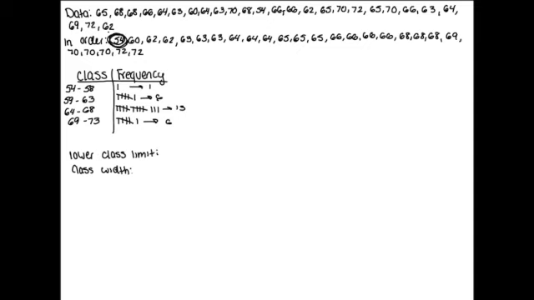The smallest number we have, as you can see, is 54. So that is our lower class limit. Now for our class width, I looked at the numbers I chose to pick for my class, which is 54 to 58, and the numbers in between are 54, 55, 56, 57, and 58.